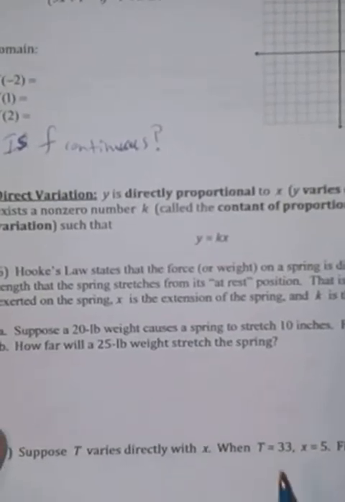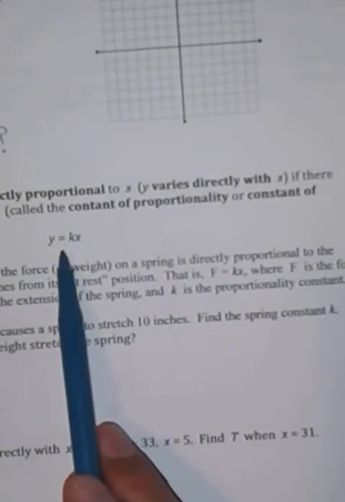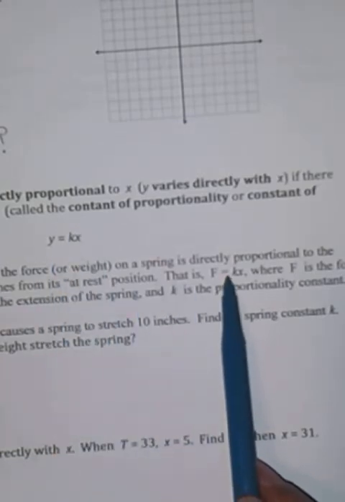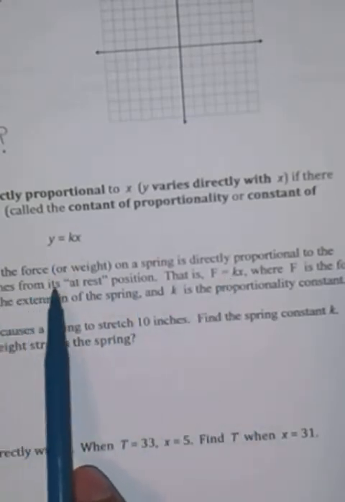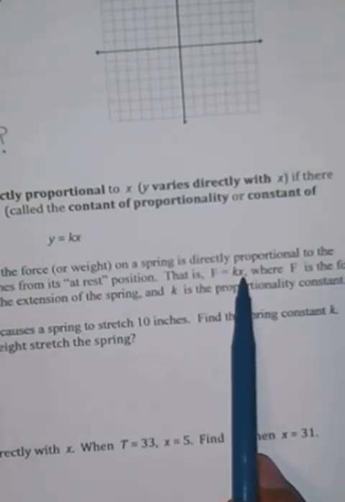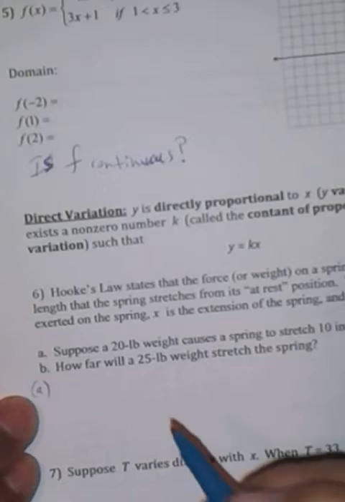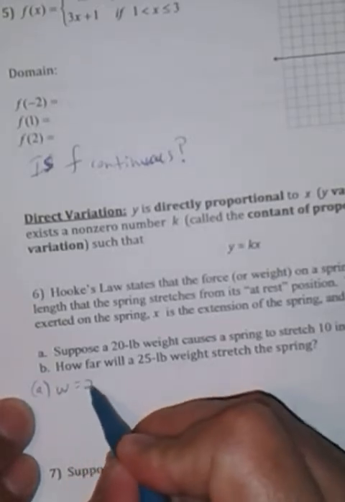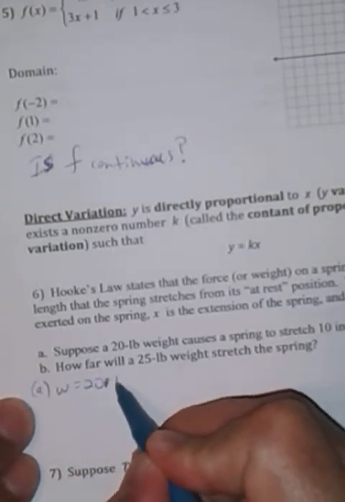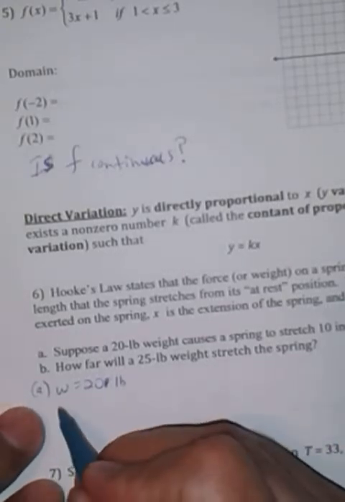So there's something that they've done, and that is they've already written the equation for us. Usually we have to write it ourselves, but they've written it for us, right? So weight F is directly proportional to the length of the stretch x, right? So in letter A, what they've told me is that the weight equals 20 pounds, and x, the stretch, equals 10 inches.